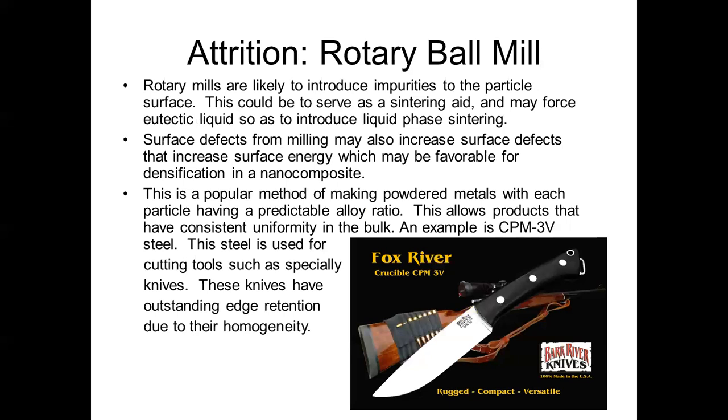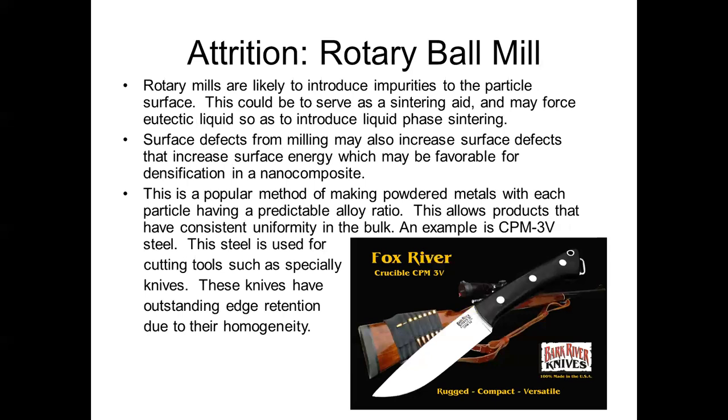So this is a picture here of CPM-3V powdered metal, and this is a proprietary product. I think the company's in New York that is the foundry that makes this powder, and they're used specifically for applications. Shown here is this knife, and here in the US you could potentially get a knife like this for a hunting application or for a kitchen.